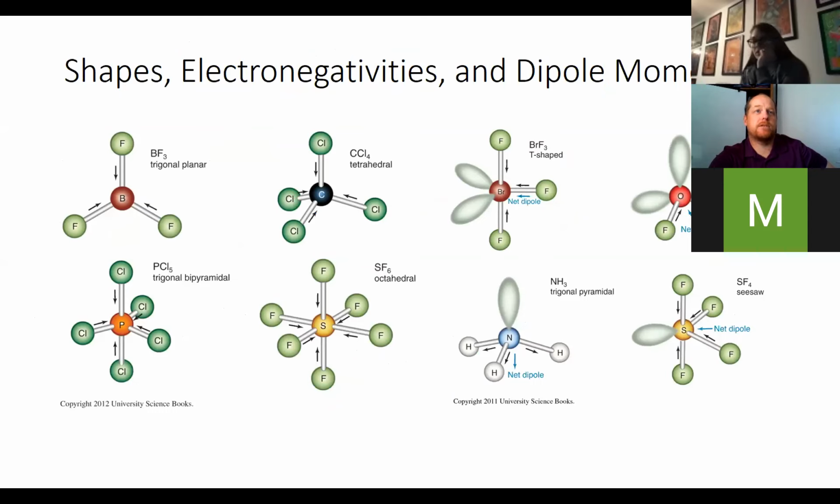So when it comes to these shapes and electronegativities and dipole moments, when you think about the dipole moments of molecules, you're taking now the shapes, and you have to take the electronegativity differences in the bonds together to determine whether that molecule is going to be polar.